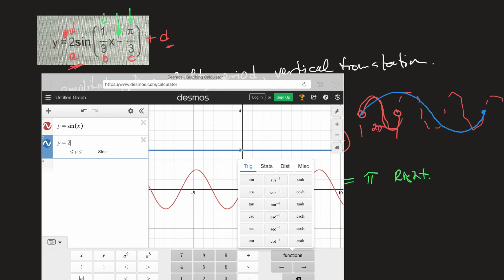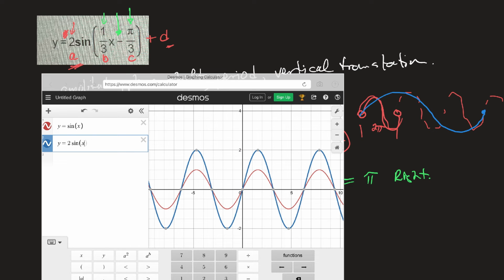Y equals 2 sine x. Okay, so notice that all that happens with that graph, it crosses the x-axis at the exact same spot, but the amplitude's 2. It's going higher and lower.